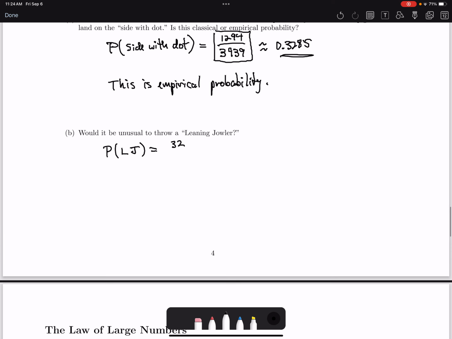So 32 out of 3,939, which is approximately 0.0081. And that's definitely less than 5%, right? That's less than 5%. So yes, it would be unusual.